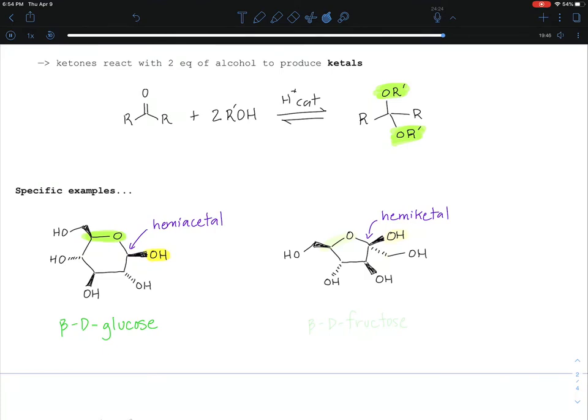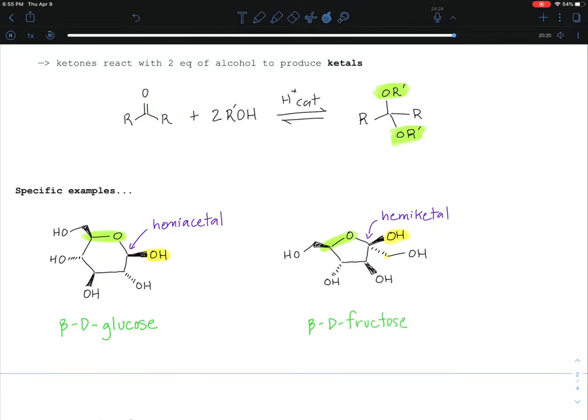Carbon number 1 is over here. So we've got our hydroxyl group, and then we've got the alkoxyl group. And the rest of this ring can be the R. But I'm highlighting the oxygen with the beginning of that R group. So that's our hemiketal. And this is beta D-fructose.